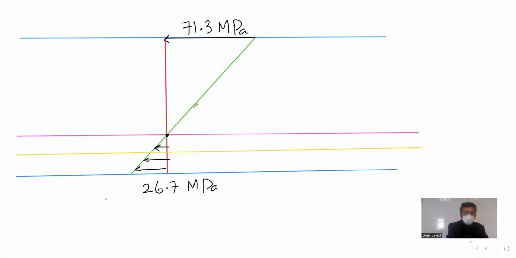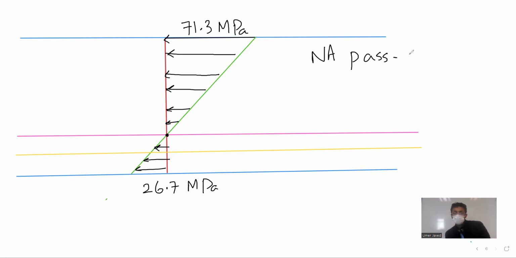Okay. So then you can do your whole own drawing now. We know neutral axis passes through the centroidal line.